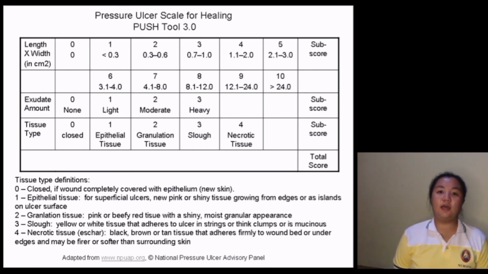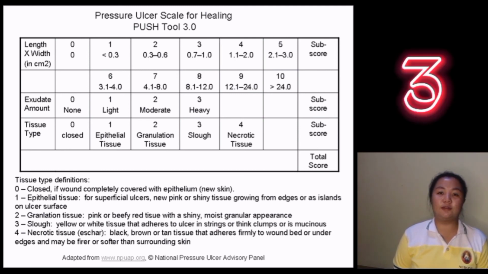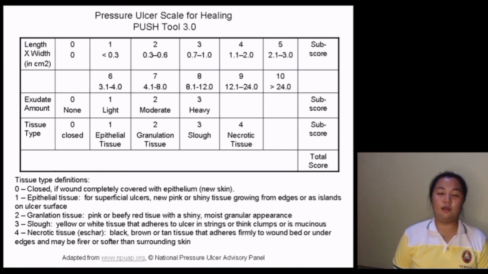If there's any amount of slough present but no necrotic tissue, give it a 3 on the scale. And 3 is slough, which appears as yellow or white tissue that adheres to the ulcer bed in strings or large clumps.